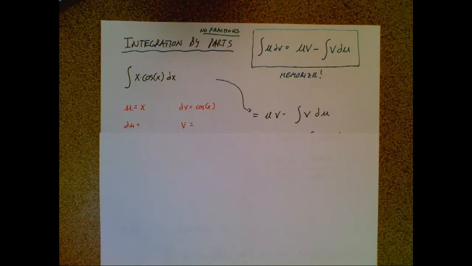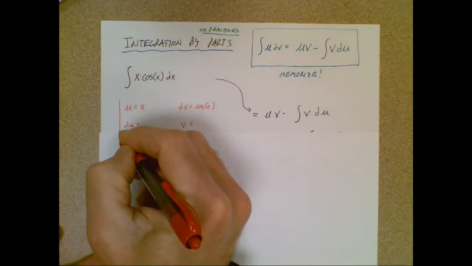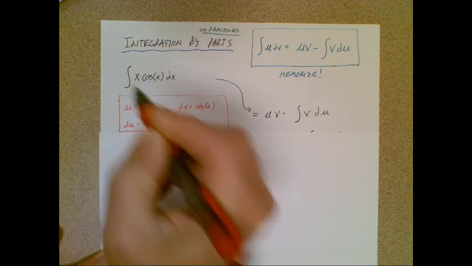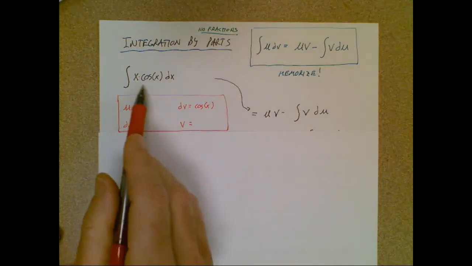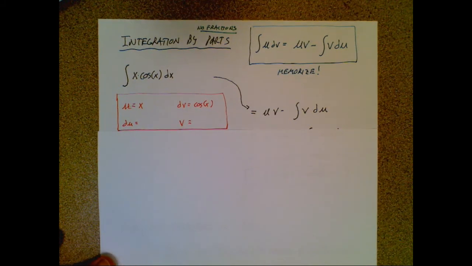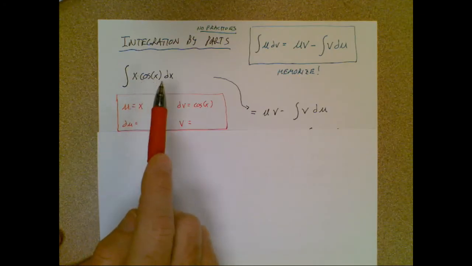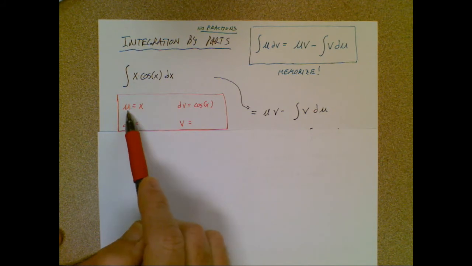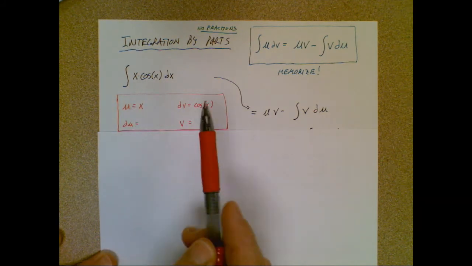Okay, so that framework said, once I've decided that I'm going to do integration by parts, I need to build a table for myself. And this is kind of like your first step in U-substitution, where you would look at the integrand and select a u and then do some derivative gymnastics. We look at this thing and we select part of the integrand to become u and part of the integrand to become dv.